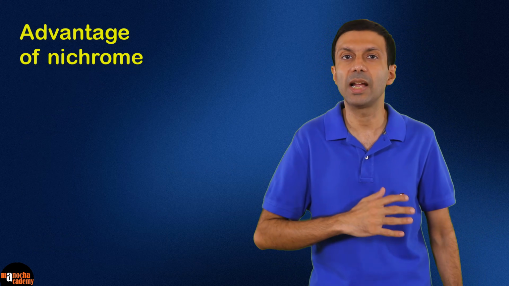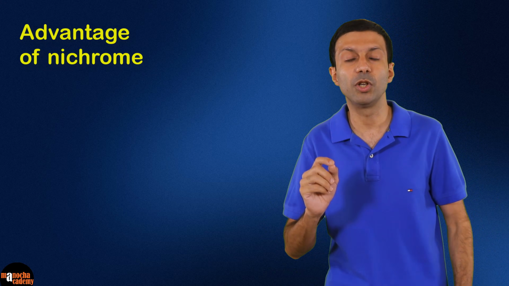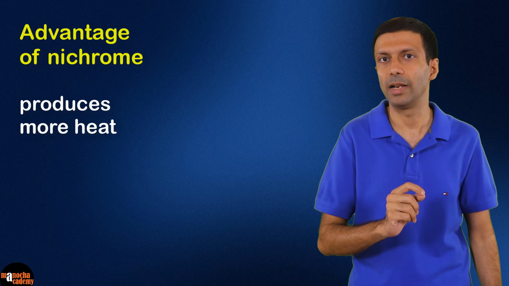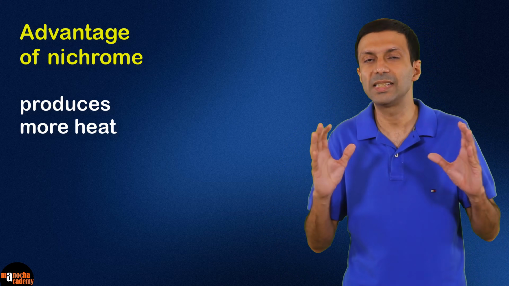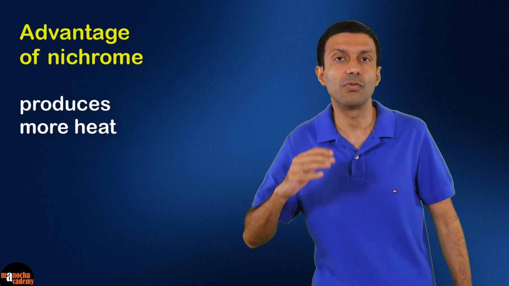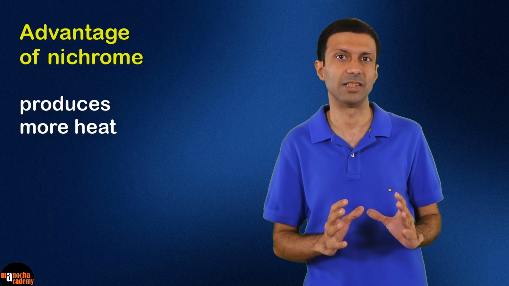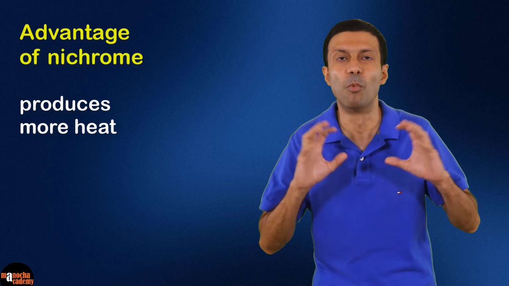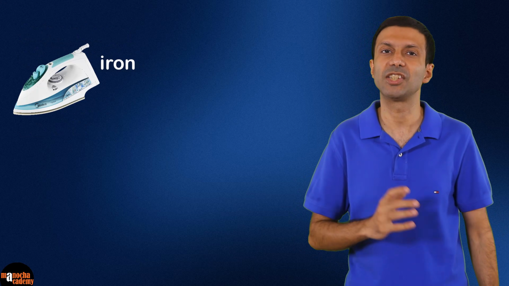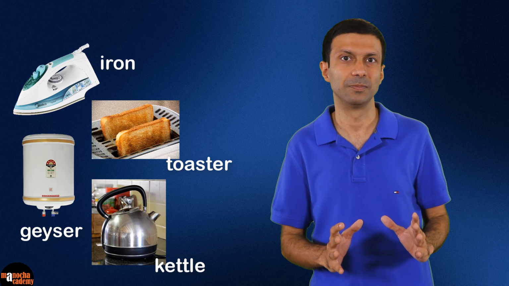The advantage of using alloys such as nichrome rather than pure metals is that nichrome will produce more heat. For example, if you take a copper coil and a nichrome coil of the same length and cross-section area, since the resistivity of nichrome is higher than copper, the nichrome coil will have higher resistance, and so it will produce more heat, which is exactly what we want for appliances such as the electric iron, toaster, water heater and our kettle.